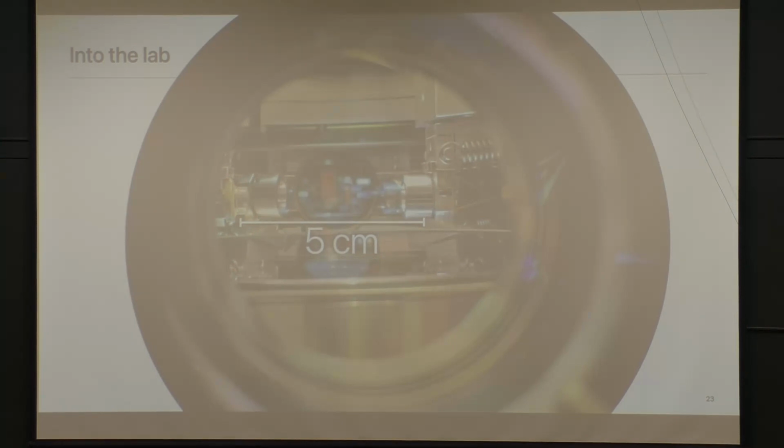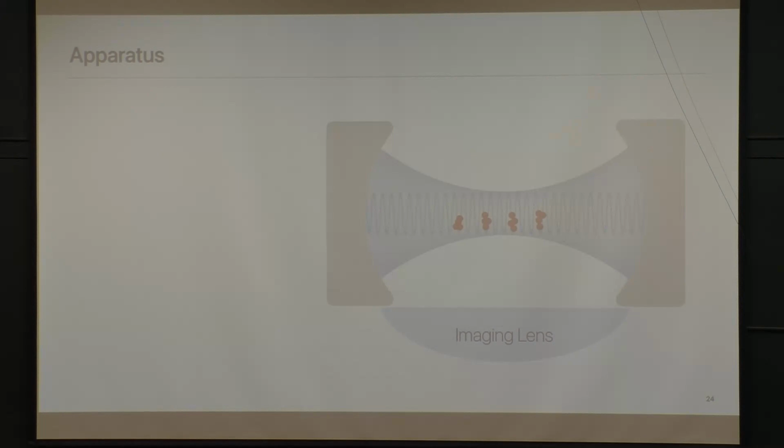And this forms an optical cavity. Schematically, with these two mirrors you can form a lattice, a standing wave, which will trap atoms or ensembles of atoms, and we can put a lens underneath to image the state of the atoms. We're using rubidium atoms, with one valence electron, which makes it easy to address by just manipulating one electronic state.